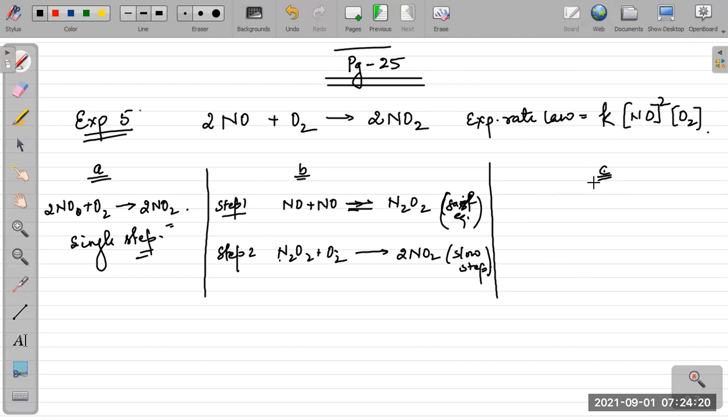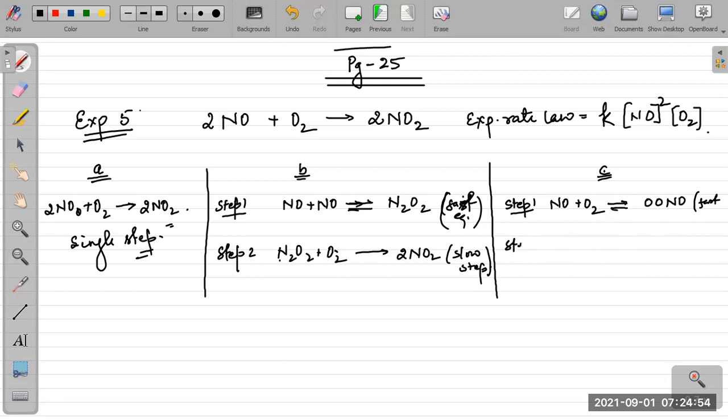Okay, there is another set of mechanism which is possible looking at this, and that is again going to be a two-step mechanism. Step one would be NO plus O2 giving us OONO, oxygen being bonded together, this oxygen being bonded to nitrogen, and then nitrogen is bonded to oxygen, and this should be a fast equilibrium state.